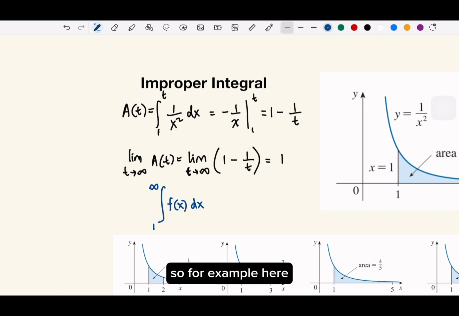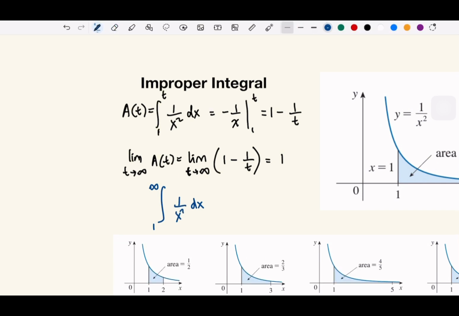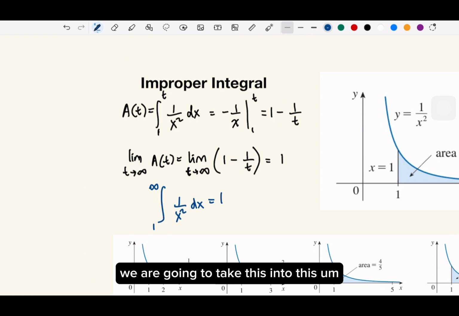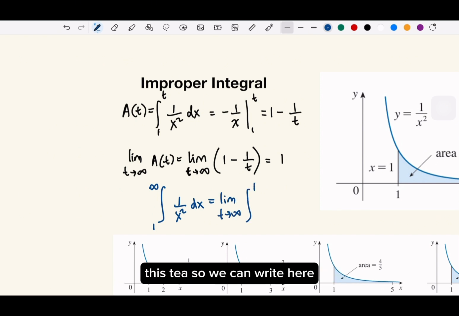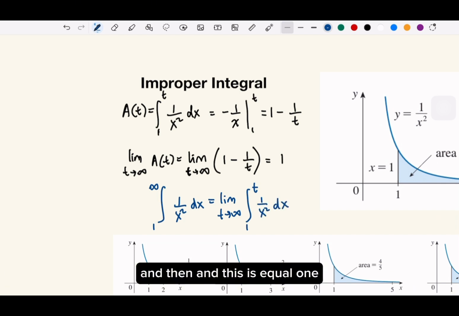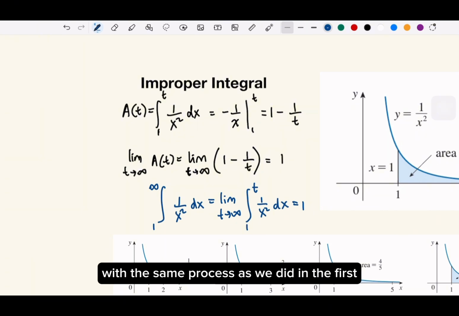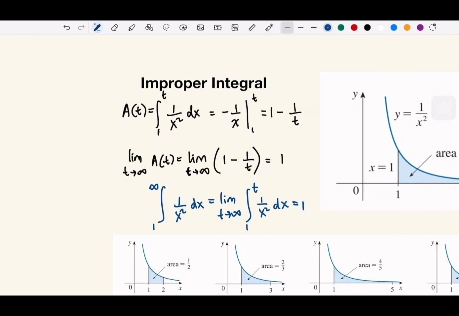So for example here, in this case, f(x) is 1/x². We are going to take this into this t. So we can write here, and this is equal to 1, with the same process as we did in the first place.